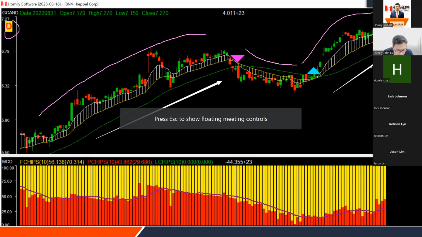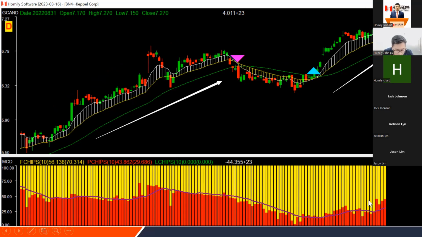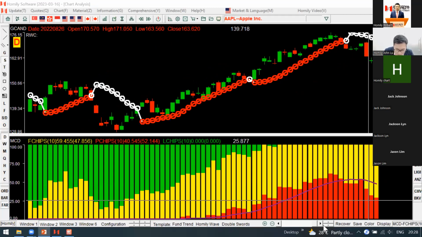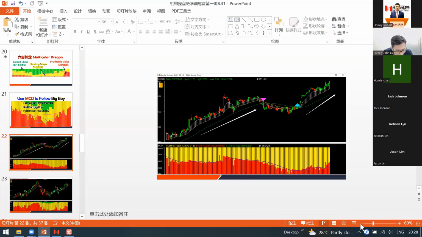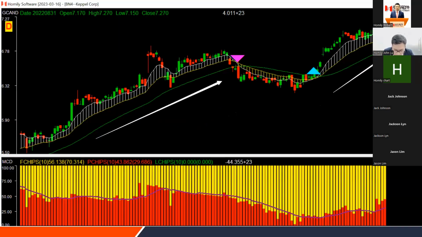But the thing is that sometimes you combine the harmony position with the multi-color dragon. But okay, John, when I apply this, I don't know when to find another point to enter. If I only use the pink triangle to sell, then all the way the yellow band, I rest.